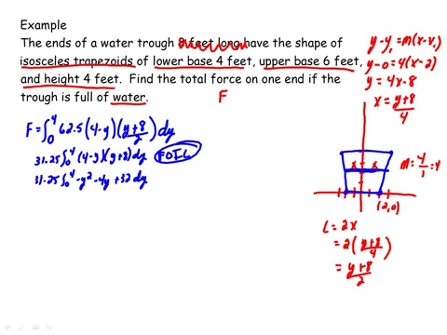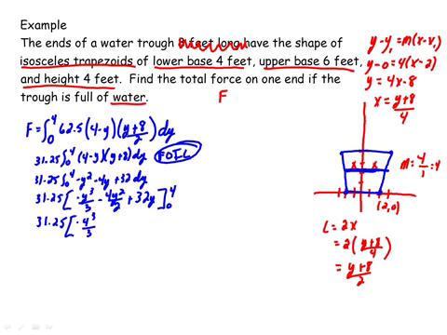Alright, so let's actually integrate. 31.25 times, you're going to have negative y to the third over 3 minus 4y squared over 2, and you know that's going to reduce, plus 32y, integrated from 0 to 4. Good thing there's a 0 in there. So we'll have the opposite of 4 cubed over 3 minus, let's reduce that.